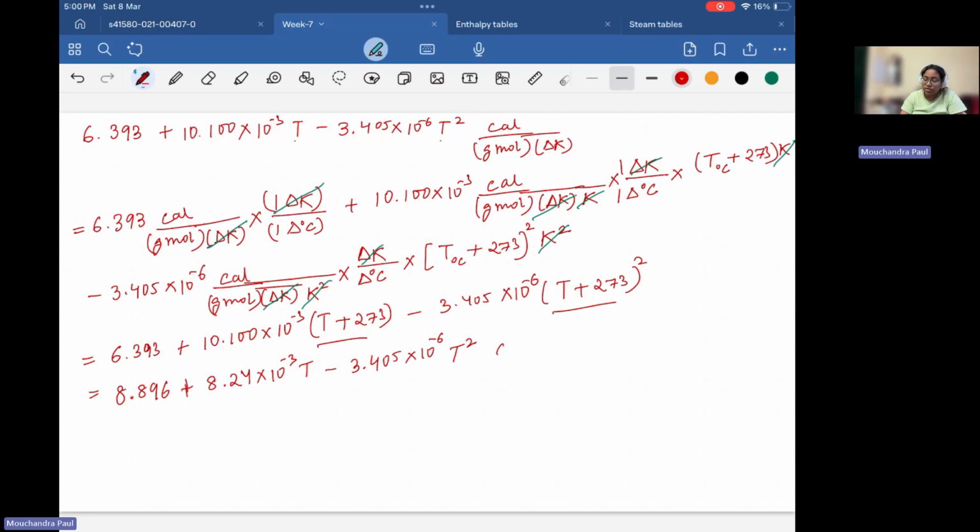This is the final expression, and the unit will be calorie per gram mole per delta degree Celsius. So you see the factors where we took only K and degree Celsius, they all got cancelled, all right? And delta degree Celsius came out as an effect. Okay.